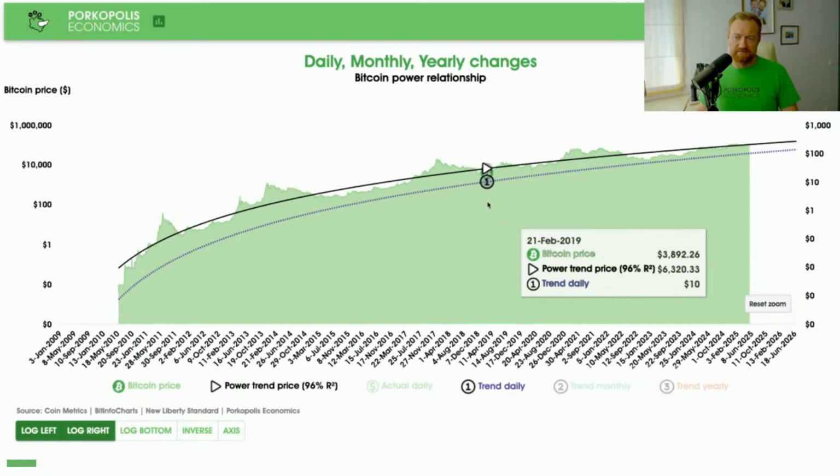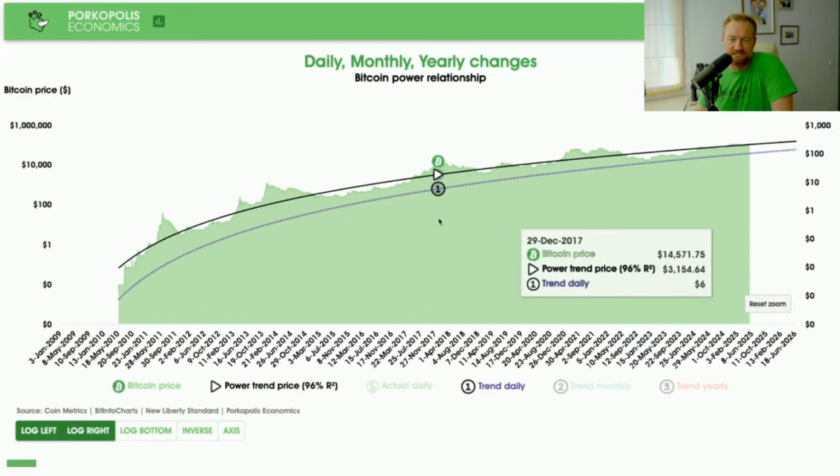And then here we start a bear market interrupted by a 2019 summer boom. But generally, we're pulling the trend back down here. But regardless, as you see, both the trend line and the daily change in the trend price is increasing.